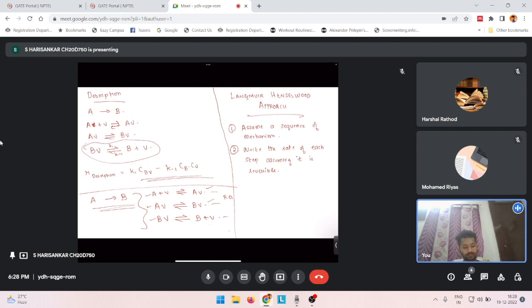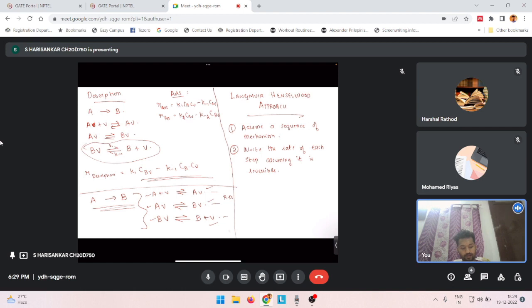So you can write the rate equation for adsorption. Here R adsorption is equal to k1 C_A C_V minus k minus 1 C_AV. Then the reaction will be k2 C_AV minus k minus 2 C_BV. Now we will write it as k2 to avoid confusion.